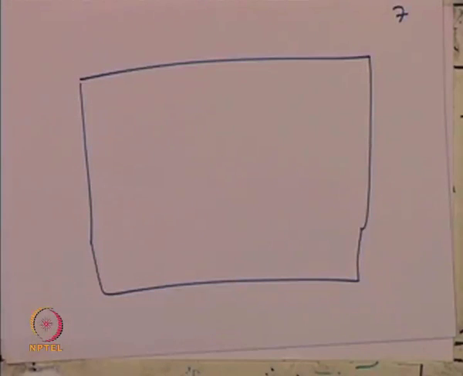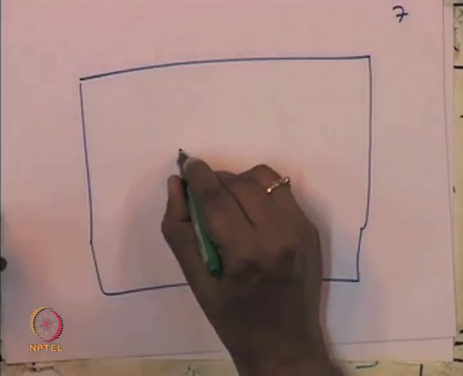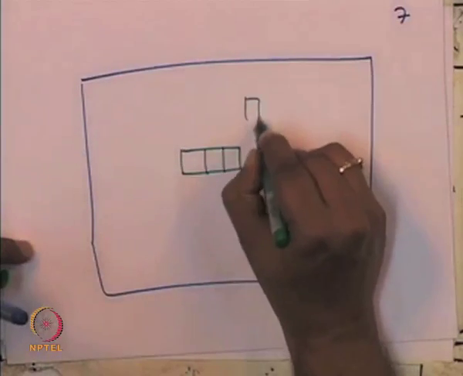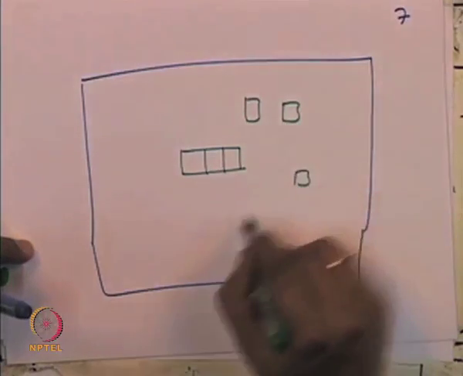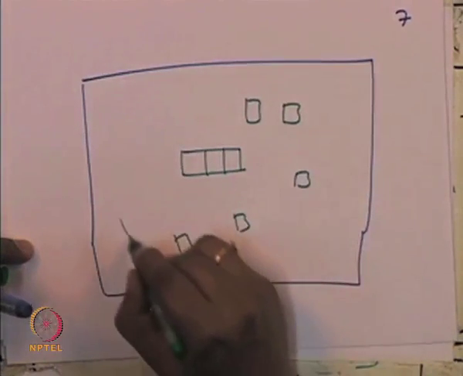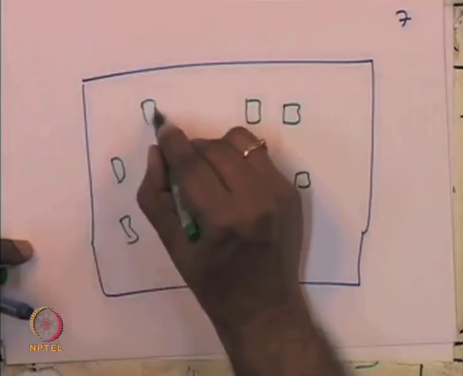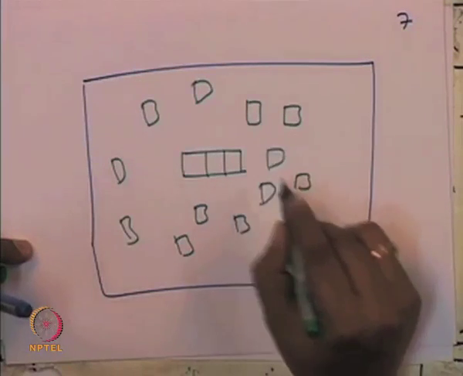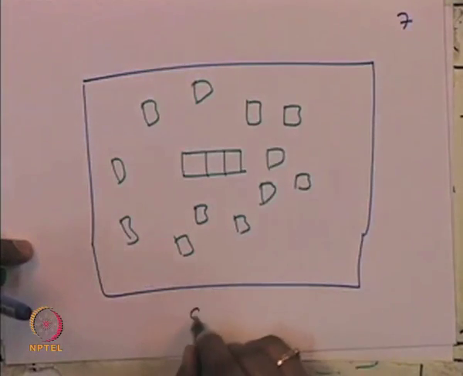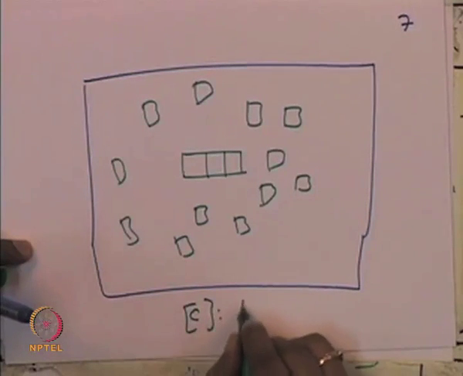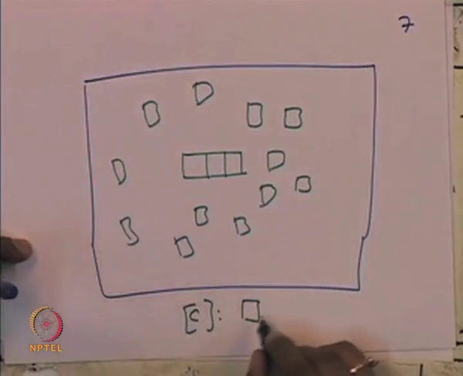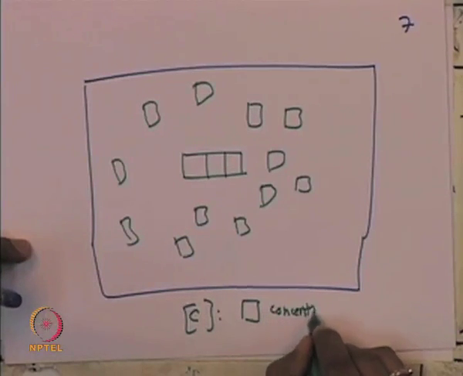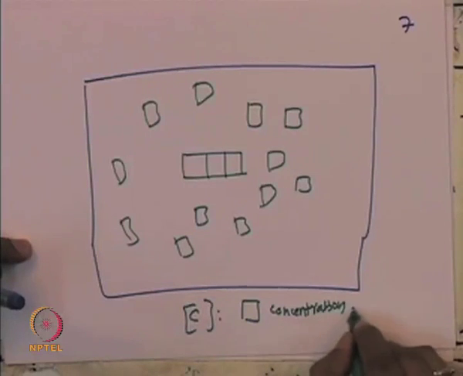In this cuvette, you will have some small seed of polymer, and there will be many monomers floating all around. So C is basically the concentration of these monomers.